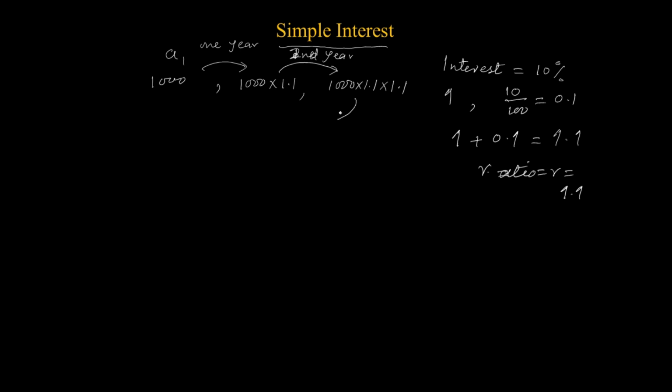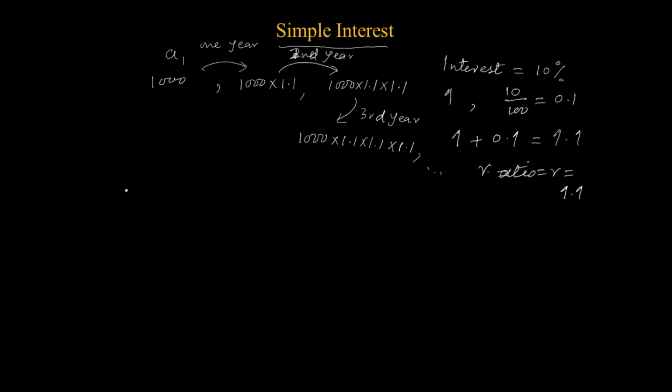After third year is completed, the bank will give me 1000 multiply 1.1 multiply 1.1. This is the amount the bank will give me after second year. Now 1.1 is again multiplied with it, so this is the amount the bank will give me after the completion of third year, and so on.